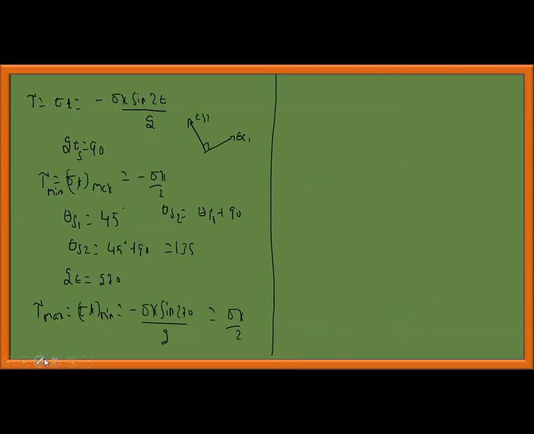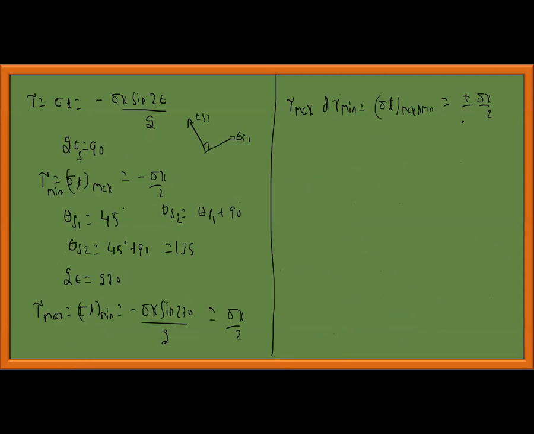But you can see tau max or tau minimum is equal to plus or minus sigma x by 2.